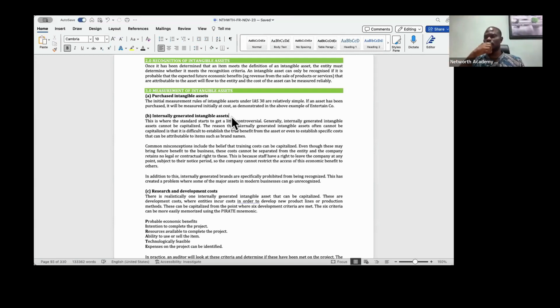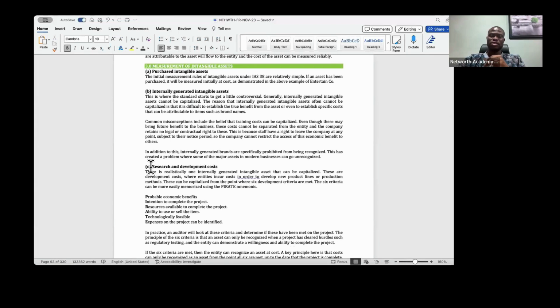Another issue is how do we know the amount of benefits we are getting from it? All these things are difficult. So for that reason, they said that when you have internally generated assets, don't even put them in. They should not be recognized in the financial reporting.